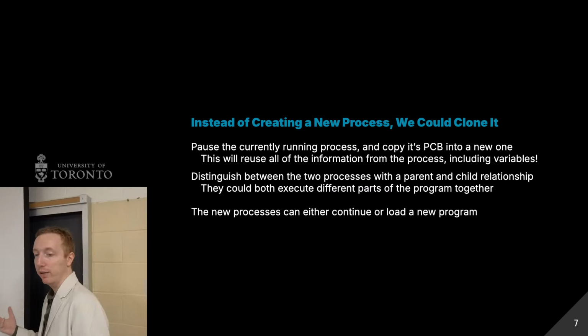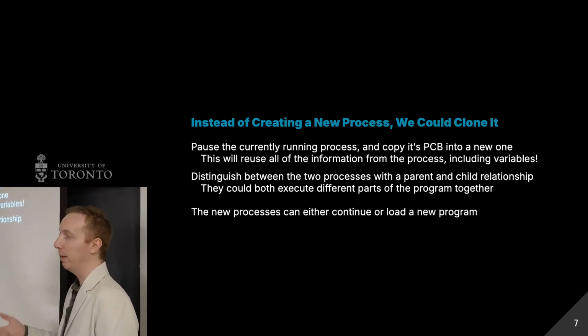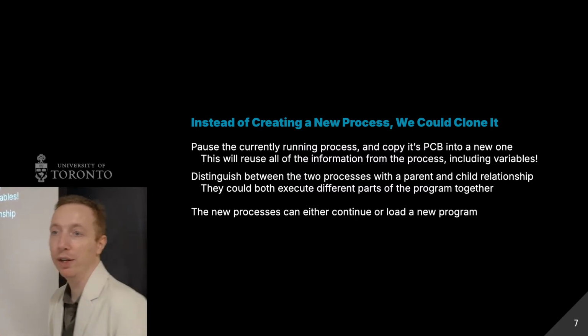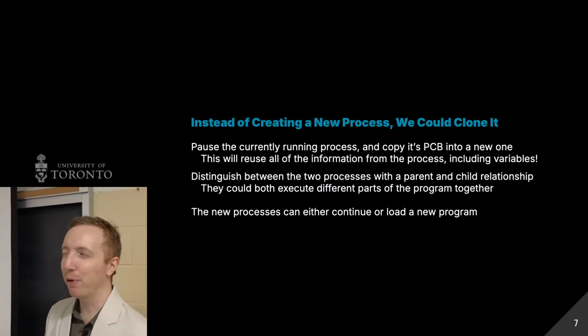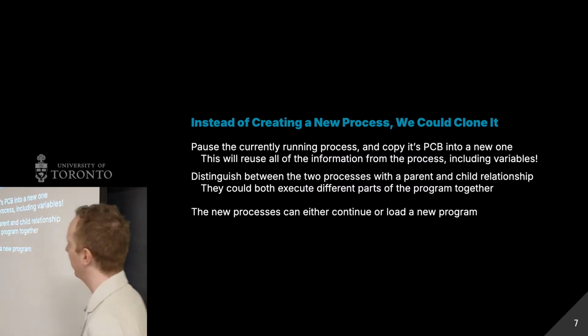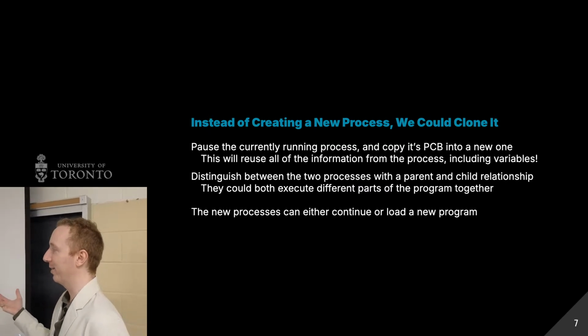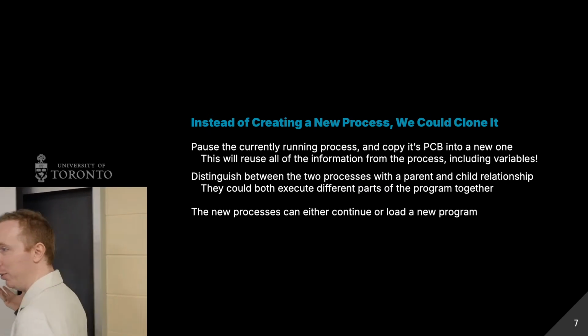And the way Unix distinguishes between these two processes is with something called a parent-child relationship. The metaphors are going to get quite literal here, and it's going to get quite messy. But our first one is parent-child. So like if you have a child, it's kind of like a clone of you.